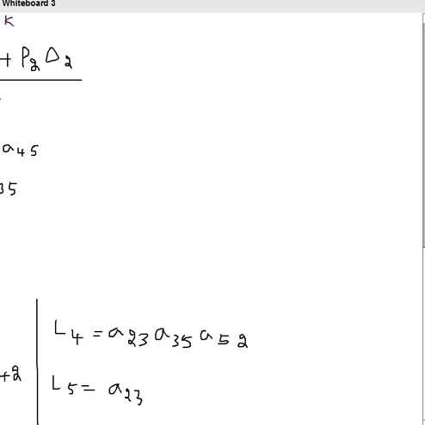A23, A34, A45, A52. So these are all individual loops, right?